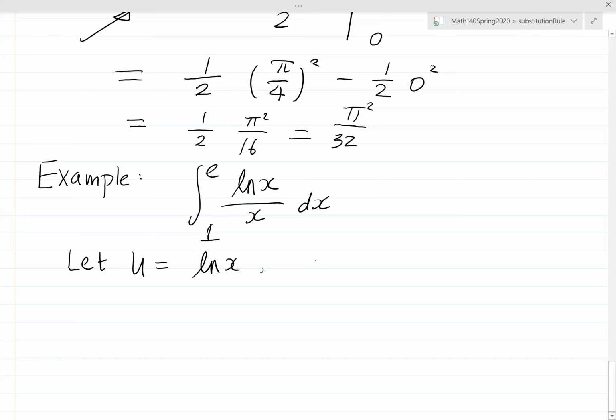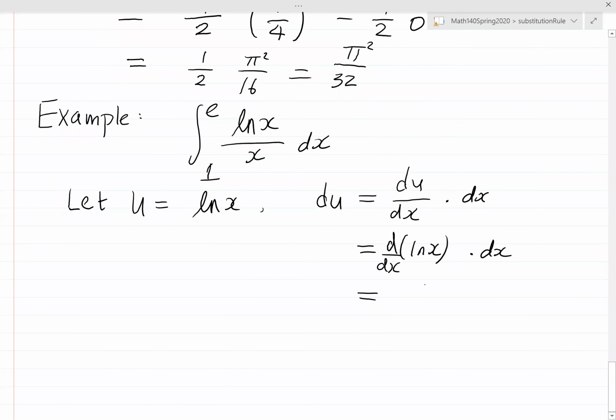We need to find du. du will be du over dx times dx. du over dx is the derivative. u is ln x, so du over dx is the derivative of ln x. Remember, the derivative of ln x is 1 over x. Multiply by dx, so you see we have x in the denominator.